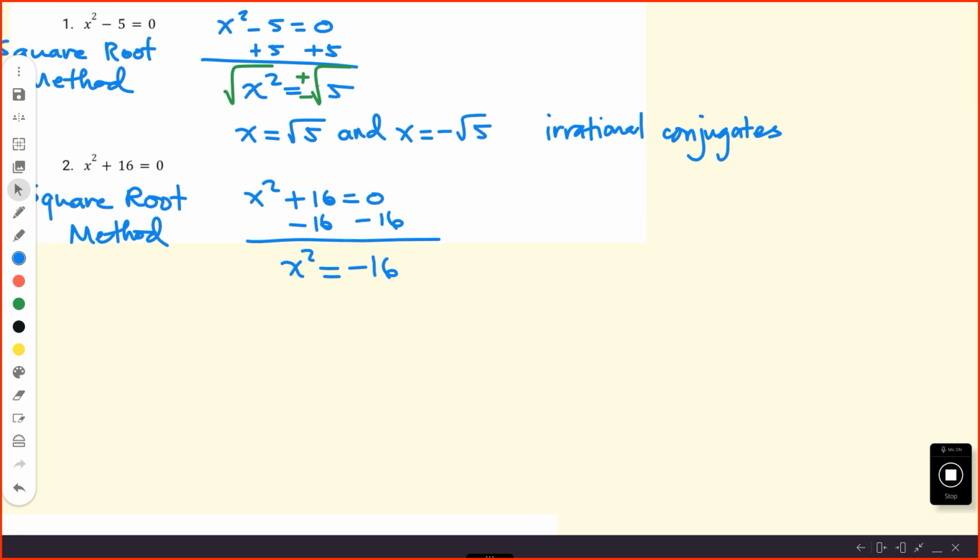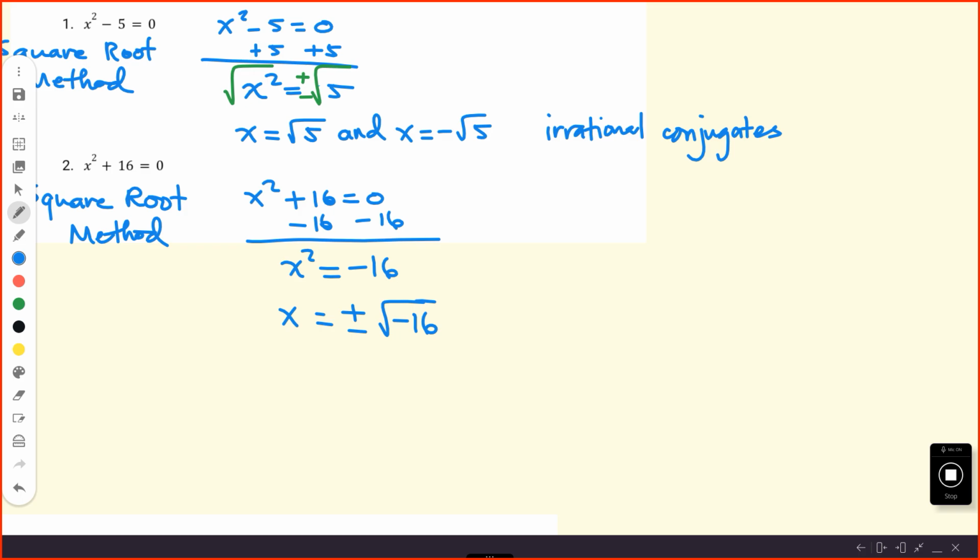So if you have a square root of a negative number, remember, in your complex numbers, if you take a square root of a negative number, that's going to be imaginary, right? So yes, plus and minus the square root of negative 16.